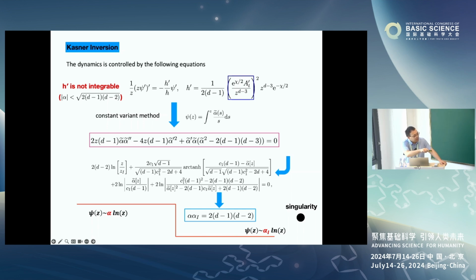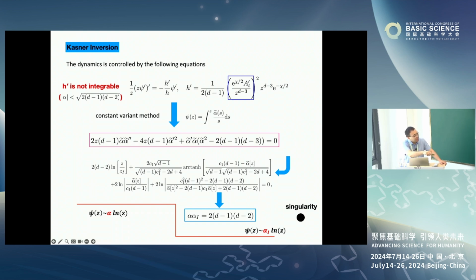This looks complicated, but you can also know the relation between the exponents before and after the Kasner alternation, because thanks to this arctangent, you can show that when z is very, very small, alpha tilde almost goes to a constant. That means psi is like a logarithmic function. This gives you a well-defined Kasner universe.